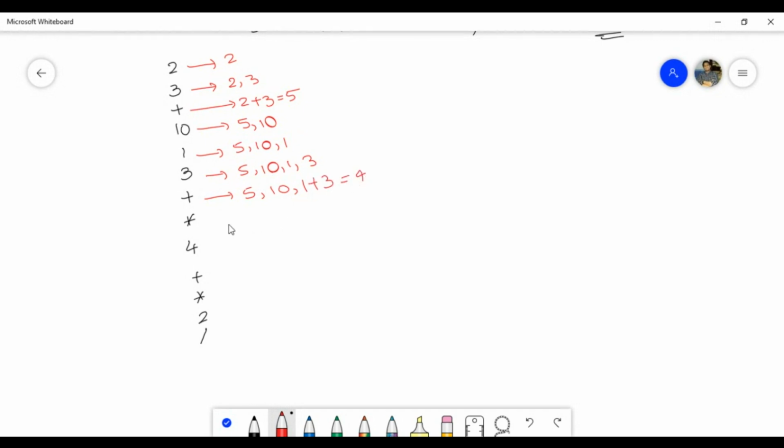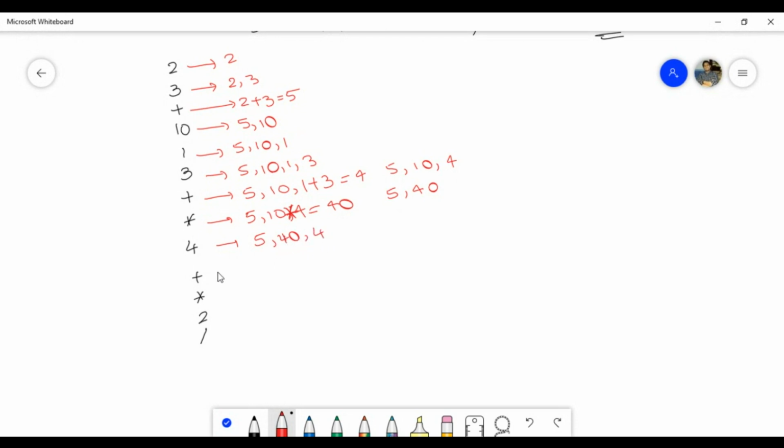This will become 4, so it will be 5 comma 10 comma 4. Then push, and 10 cross 4 will be 40, then it becomes 5 comma 40.